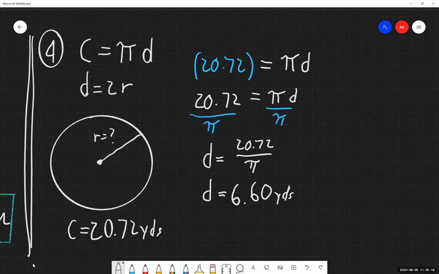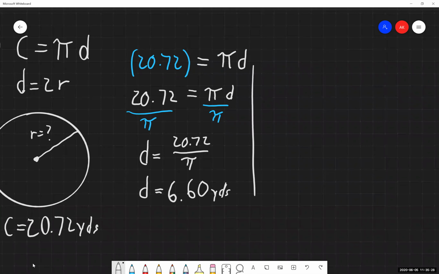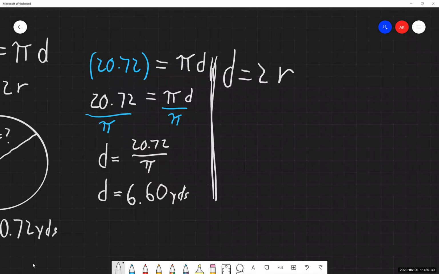Now again, I found the diameter. I'm being asked to find the radius of this circle. That's my end goal, so I'm almost there. I have an equation that tells me about the relationship between the diameter and the radius, and I can plug in the diameter for that equation because we just found it.